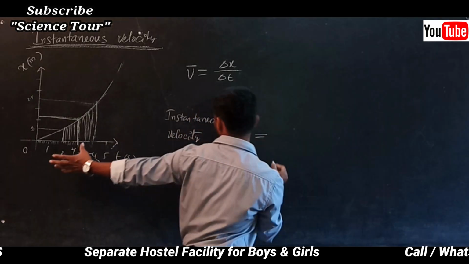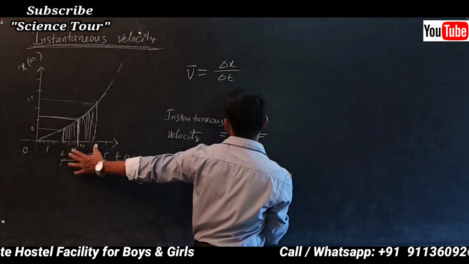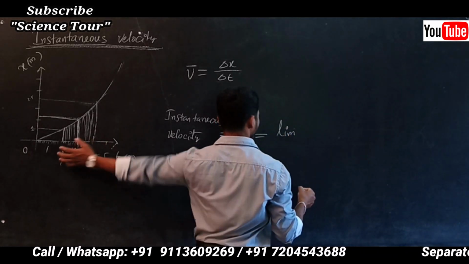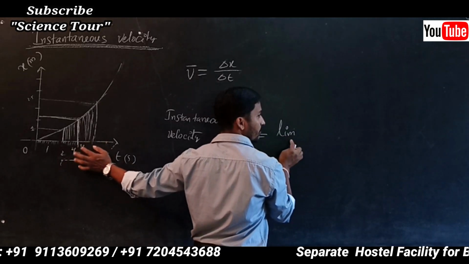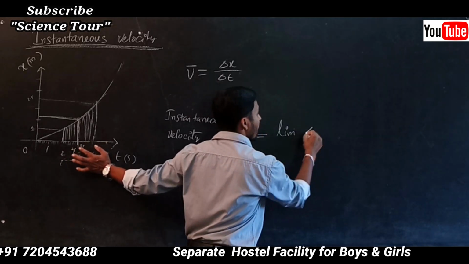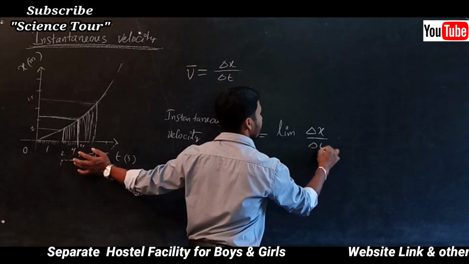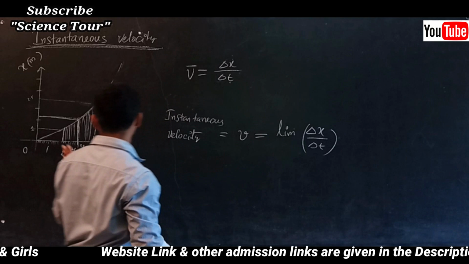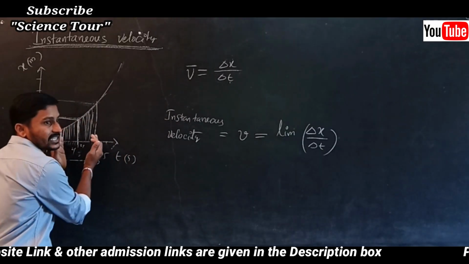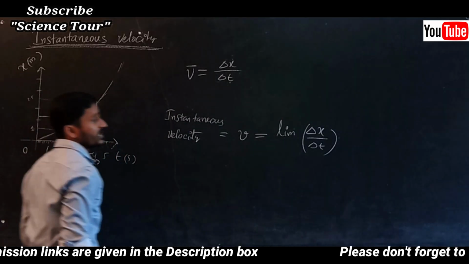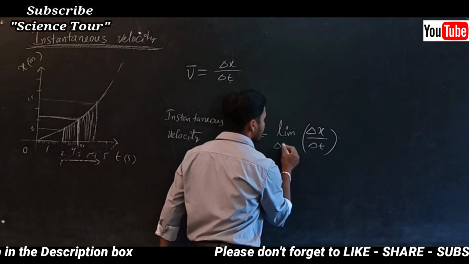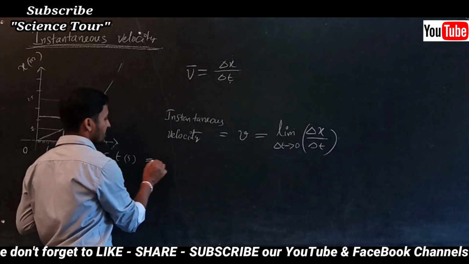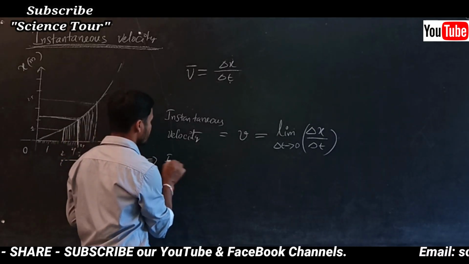Listen here, instantaneous velocity is the limit of average velocity, which we write as delta x by delta t, when the time interval goes on decreasing and becomes infinitesimally small. That is the definition we can write down.